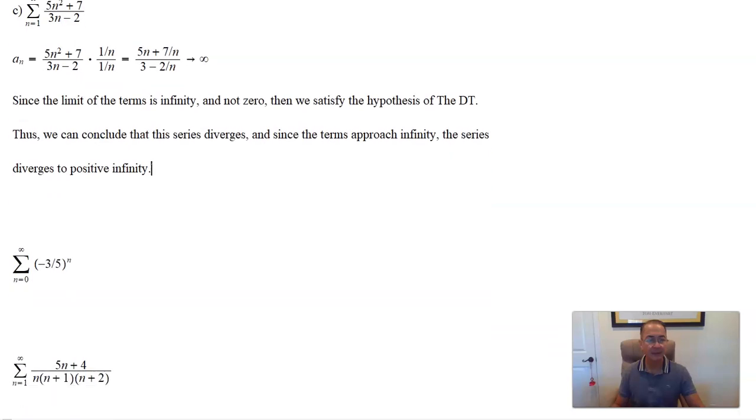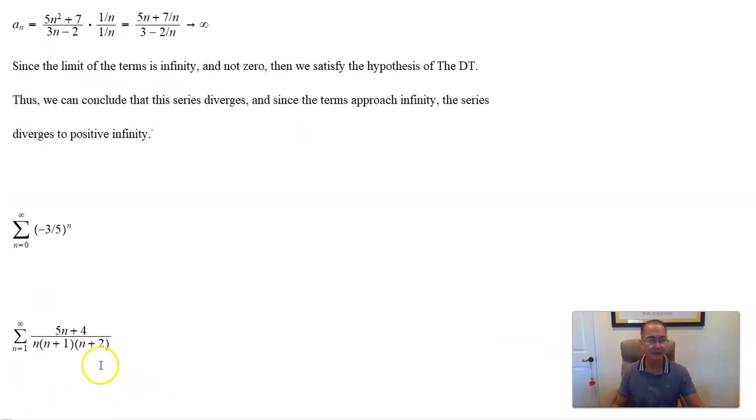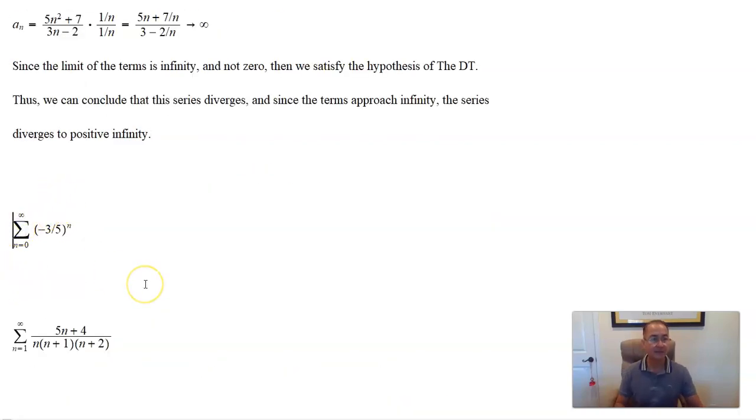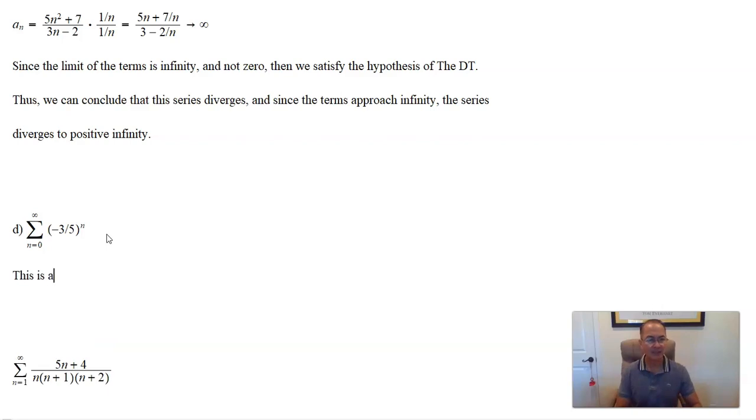All right, so we have these two other examples, and we're going to build on this in a minute. This is now part D. We have this, and I hope you recognize that this is a geometric series. In fact, it's from one of our earlier videos, the second video. Okay, so this is a geometric series, and the common ratio is -3/5.